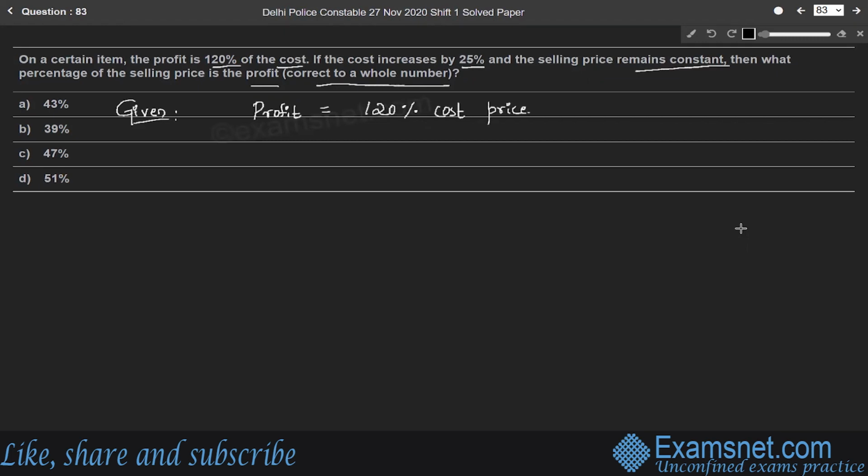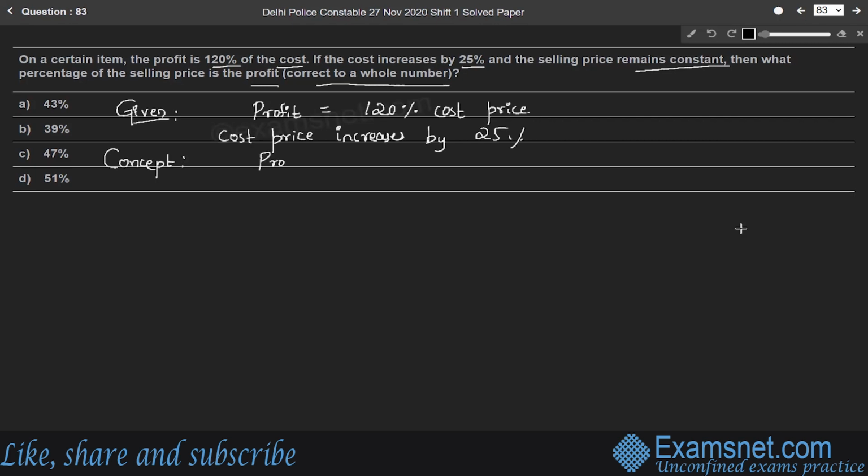And in the second case, cost price increases by 25%, right?